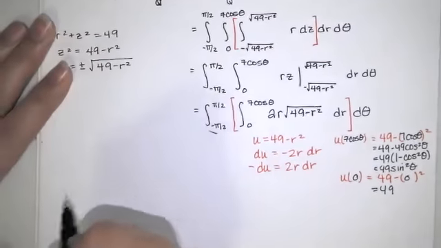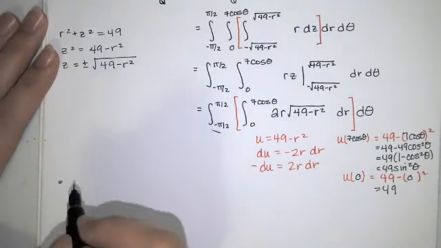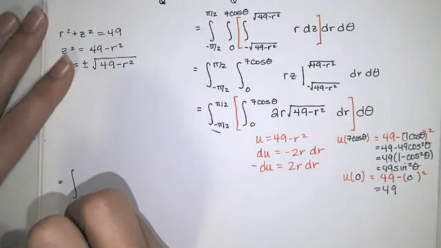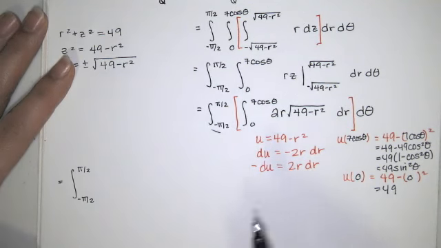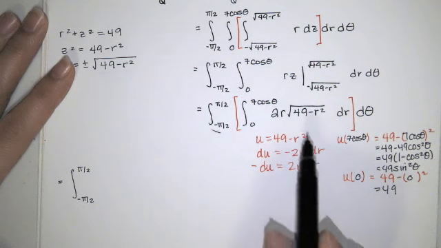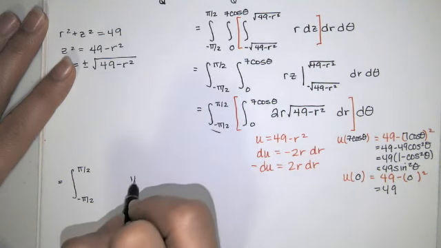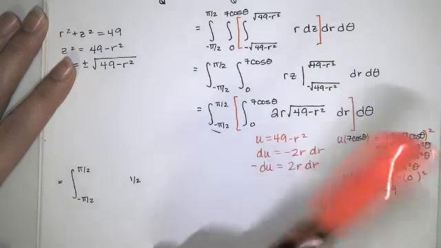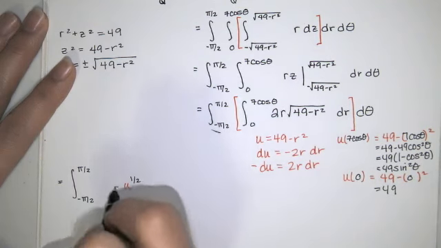I'm going to move over to the side here because I have plenty of space, and I've limited myself by working over here. This becomes the square root of u, or u to the 1/2, times 2r dr, which is negative 1 du.